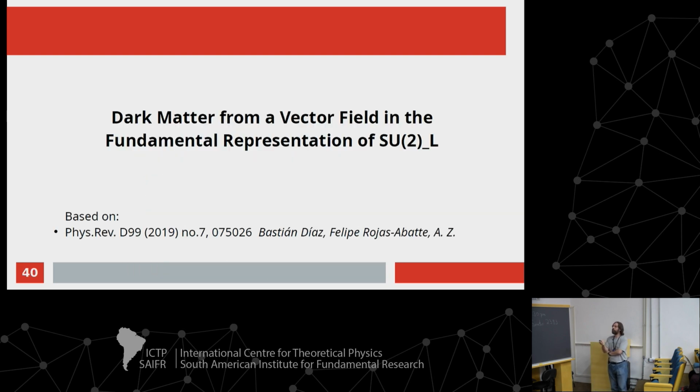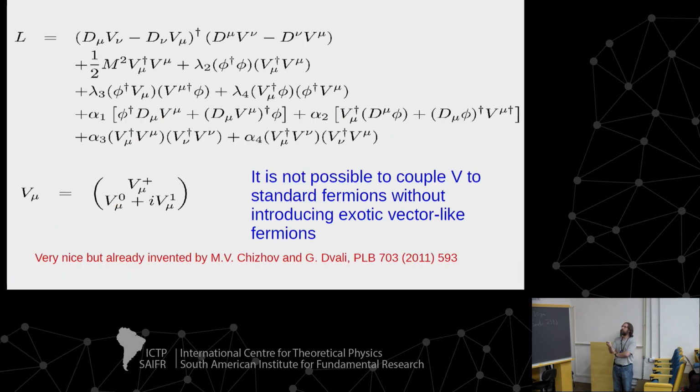We also studied the possibility of introducing vectors in the fundamental representation. This is the Lagrangian in this case. This Lagrangian has these terms which are not invariant under C2, but if you put this coupling constant to 0, an accidental C2 symmetry appears, which protects the Lagrangian.